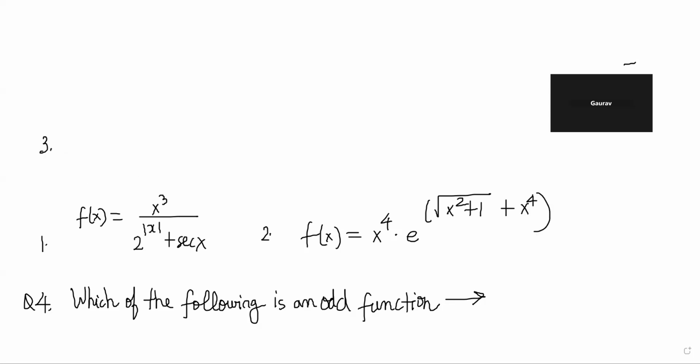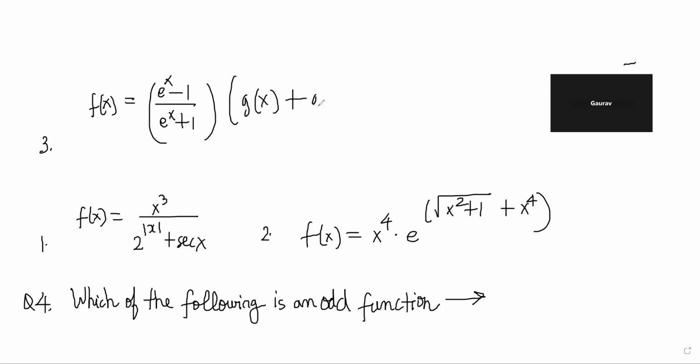The third function is f of x is equal to e power x minus 1 by e power x plus 1 times g of x plus g of minus x.